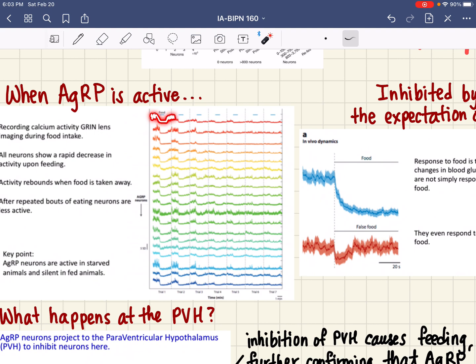So the AGRP starts to be active again. And then it calms down, and then active again, then it calms down. And then, finally, when the mouse has had enough food through these cycles, the AGRP is just completely being inhibited, because AGRP is active only when the mouse is hungry or seeking food, and it is inhibited when the mouse is fed.